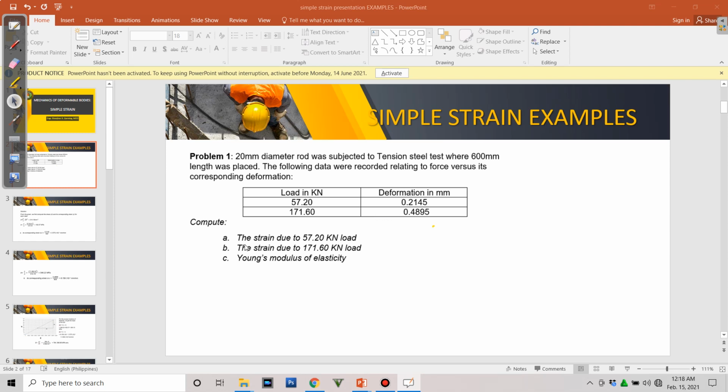We are tasked to compute the strain due to the first loading, the strain due to the increased loading of 171.6 kilonewton, and the Young's modulus of elasticity. The problem is simple. We'll just have to apply the principles of a proportional limit.